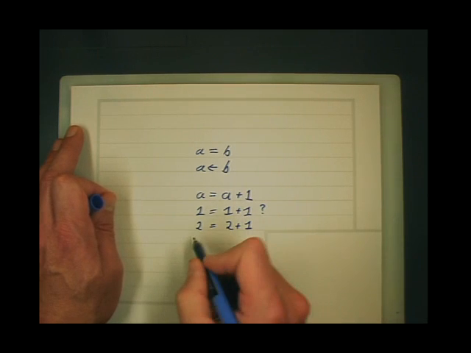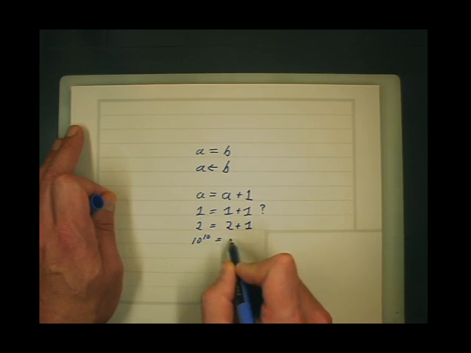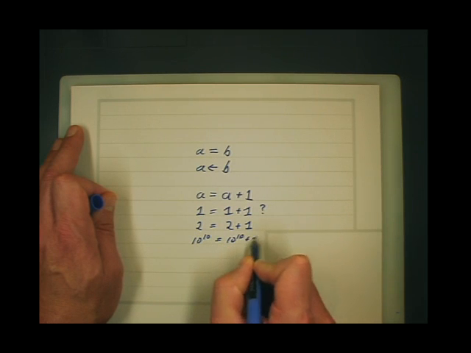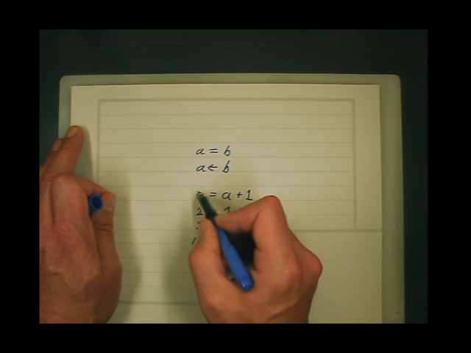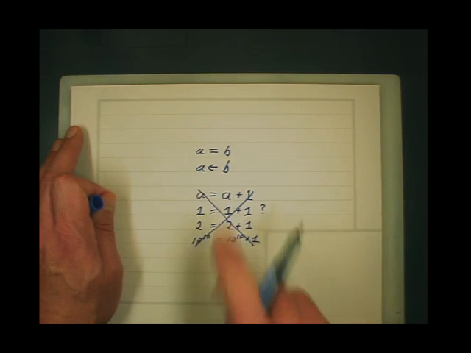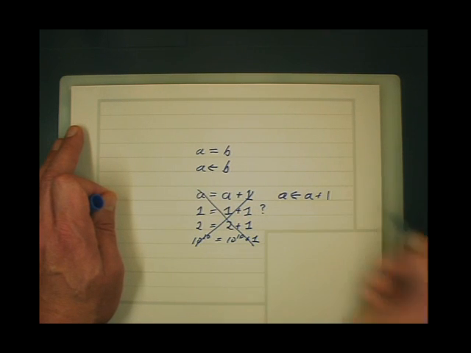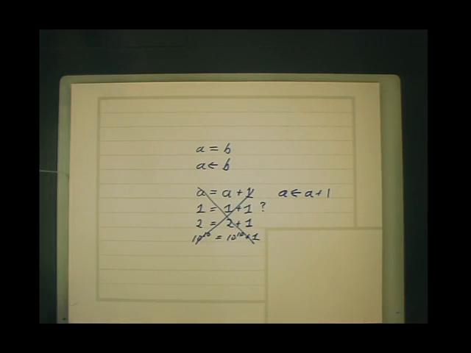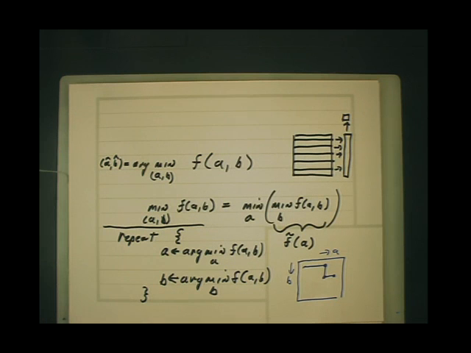Okay, but if you took a really big number here, like 10 to the 10 equals 10 to the 10 plus 1, right? Only for engineers. Okay, anyway. No, none of these things are true, right? Because in Fortran, the notation is unfortunate, what you really meant is that A goes to A plus 1, okay? Now here you got a sort of a time sequence thing occurring, right?